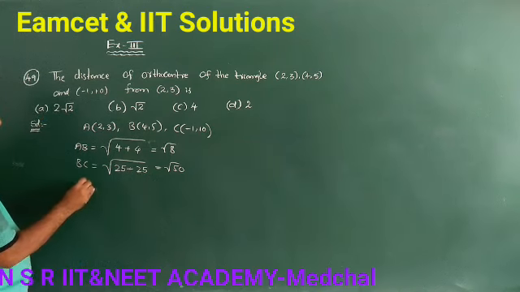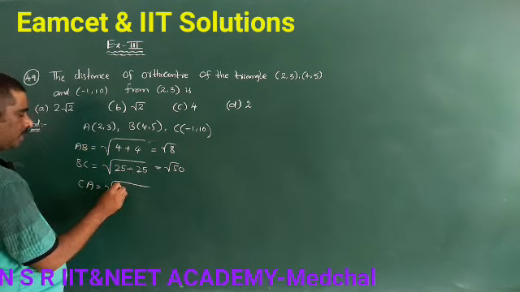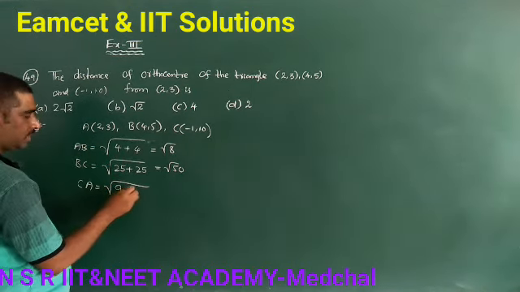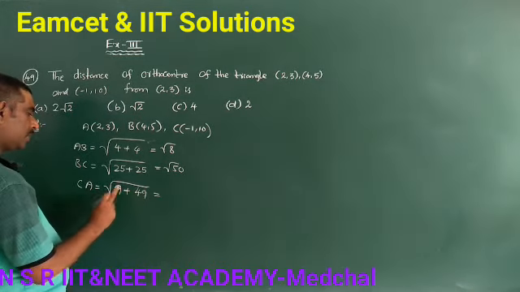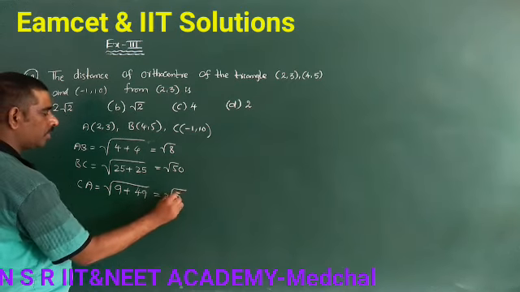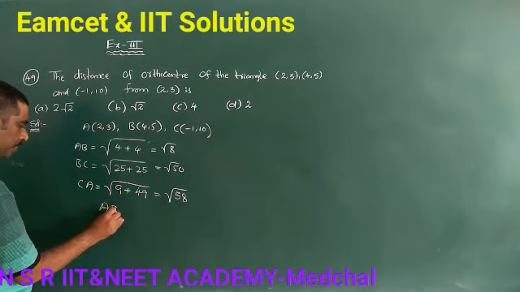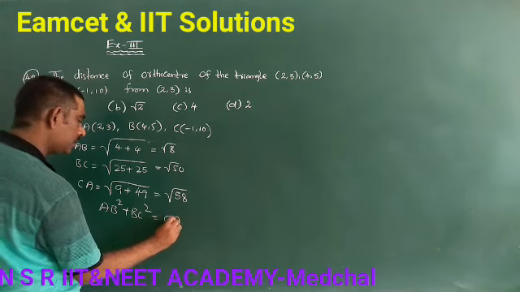Next, CA distance: minus 1 minus 2, minus 3 square is 9, plus 10 minus 3, 7, 7 square is 49. 49 plus 9, 58, root 58.